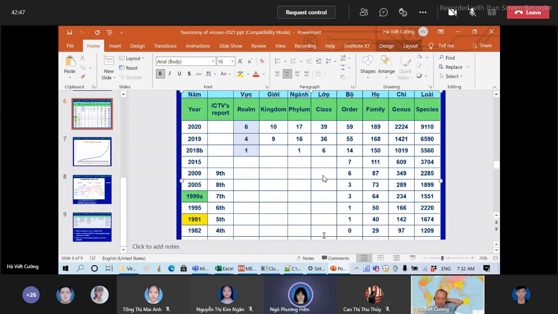I agree, your opinion is correct, because you can see here the order rank for the first time. But I don't think it's important. Okay, and someone.